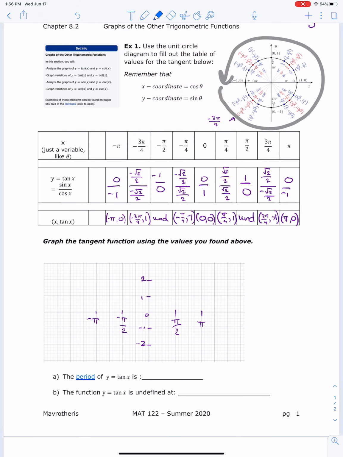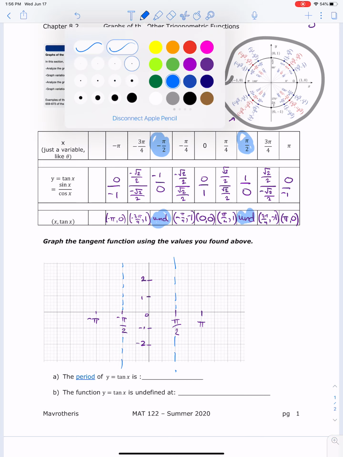So I've got, let's see, at negative pi over 2, I'm undefined. And at positive pi over 2, we're undefined. So I'm going to stick these vertical asymptotes in at negative pi over 2 and at positive pi over 2.